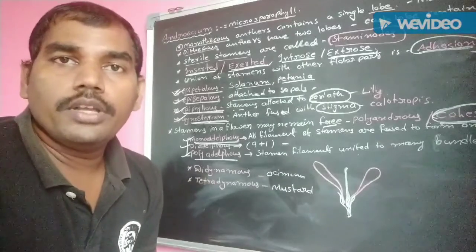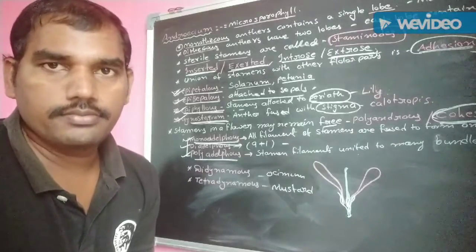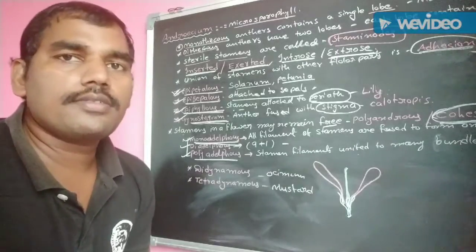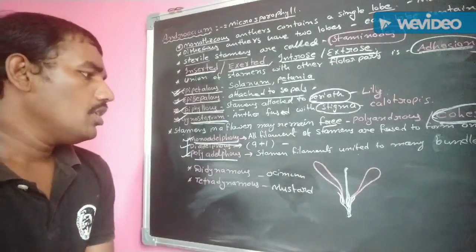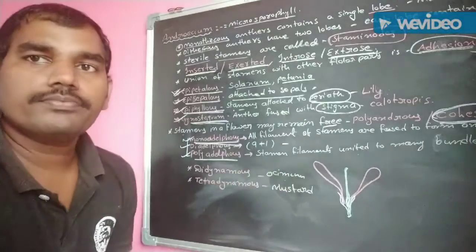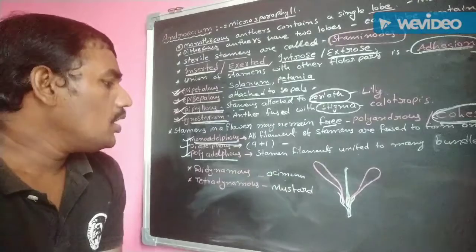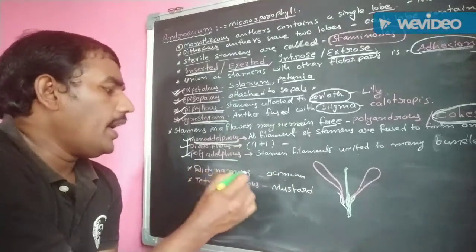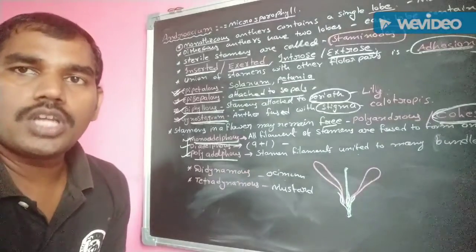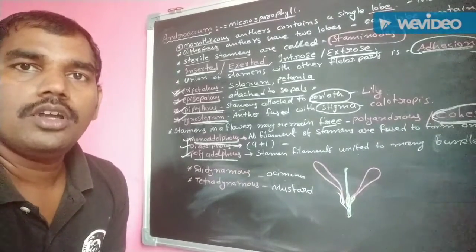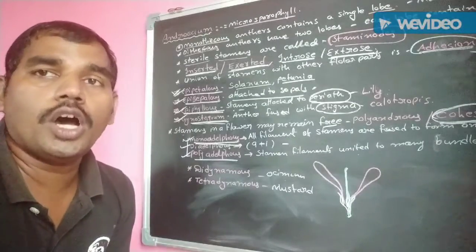The stamens in most flowers are the same length or height, but in some species the length of the stamens is variable. Suppose in Ocimum sanctum, Tulasi, we find didynamous stamens. Didynamous stamens means two stamens are short and the other two stamens are long.